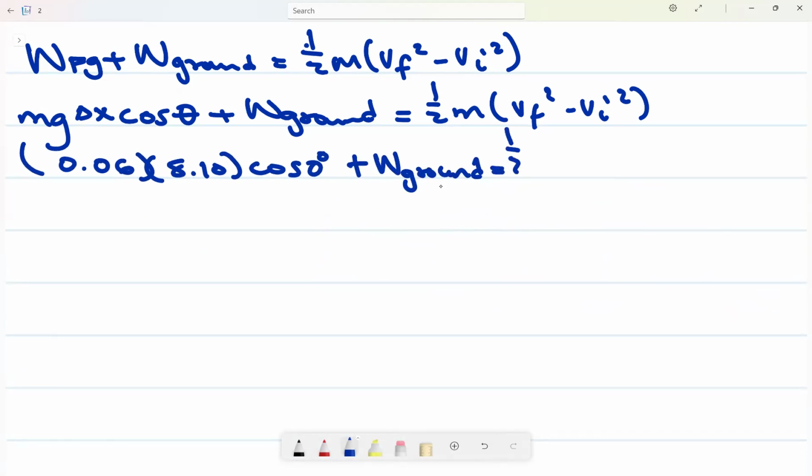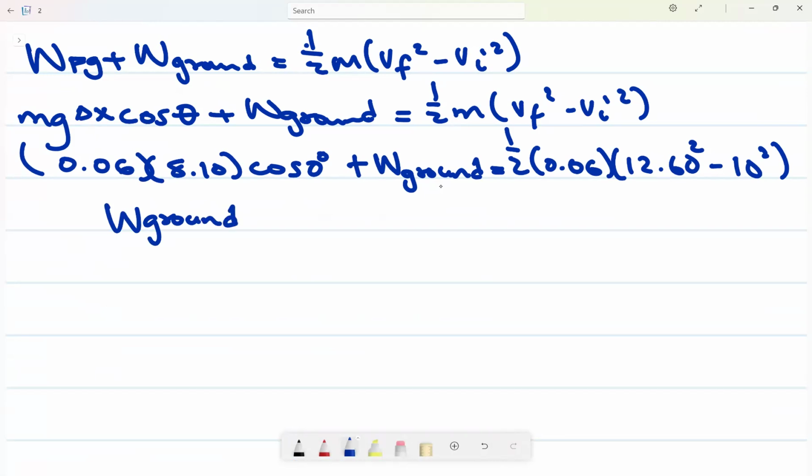It is equal to half. What is my mass? 0.06. What is the final velocity? Final velocity we calculated as 12.60 squared minus initial. The initial was 10 squared, if I remember very well. Okay, therefore you do a mathematical gymnastics.